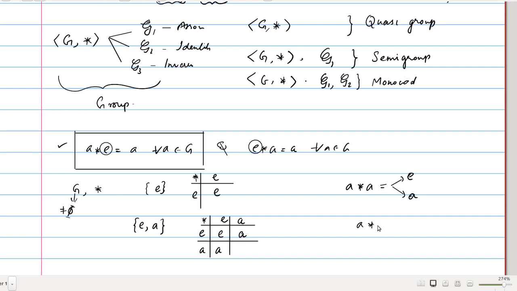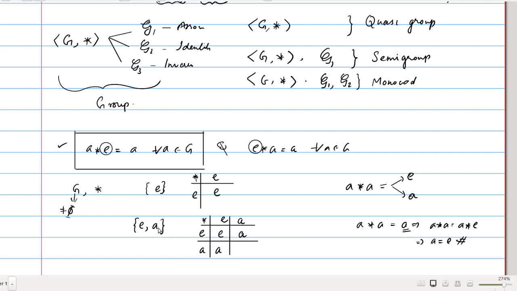A star A is equal to A, and this A can be replaced by A star E, because A star E is equal to A. By the left cancellation law, this implies A is equal to E, which is a contradiction.